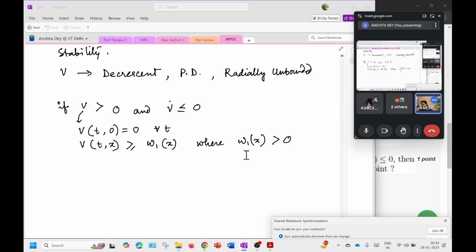For example, if V is equal to say x1 square plus t x2 square, then you can choose W1 to be say x1 square plus x2 square.